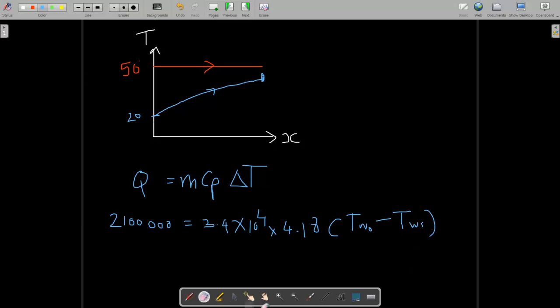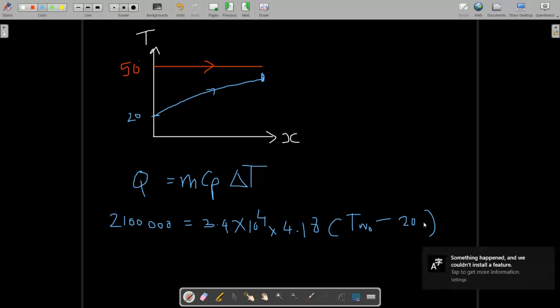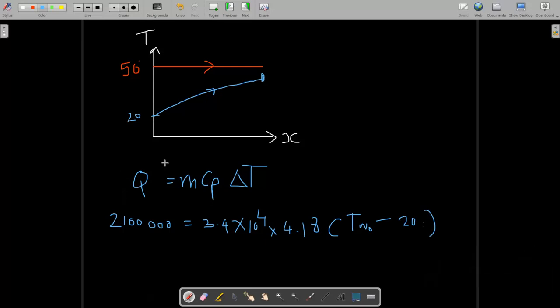We know the water inlet temperature is 20 degrees Celsius. So we have all the data, we just have to find the outlet water temperature. When you solve this in a calculator, you will find the outlet water temperature is 34.77 degrees Celsius.